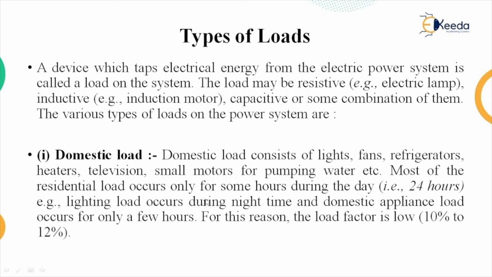Most of the residential load occurs only for some hours during the day. This load cannot be operated at all times, it changes as per the time. We can't switch on the TV throughout the 24 hours. We can switch it on for a particular time in a day. Fans, we can't switch on fans for 24 hours.